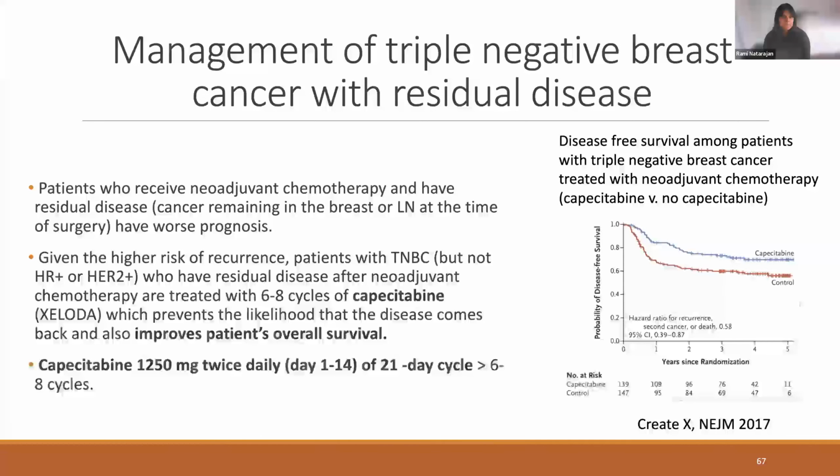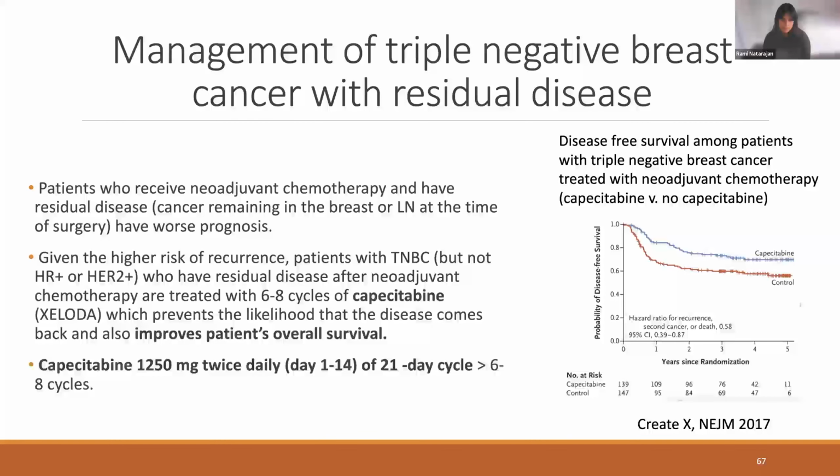And given the higher risk of recurrence with triple-negative breast cancer, and data from certain trials show that patients who have triple-negative breast cancer with residual disease after neoadjuvant chemotherapy have a benefit in terms of their outcomes if they're treated with 6 to 8 cycles of capecitabine. And this decreases the likelihood that the disease comes back, and also improves the patient's overall survival.